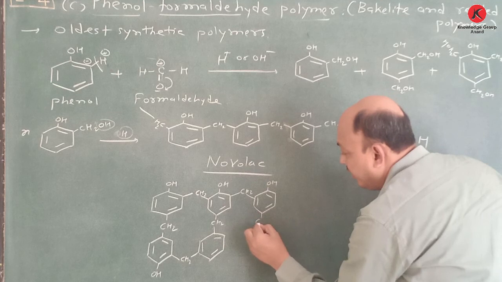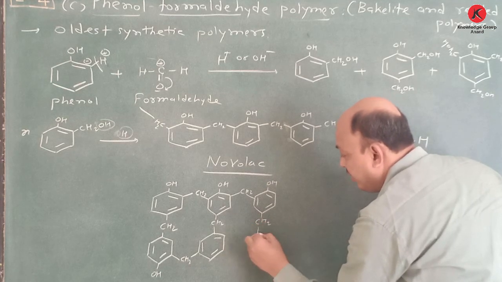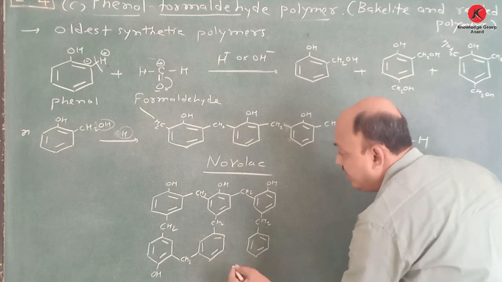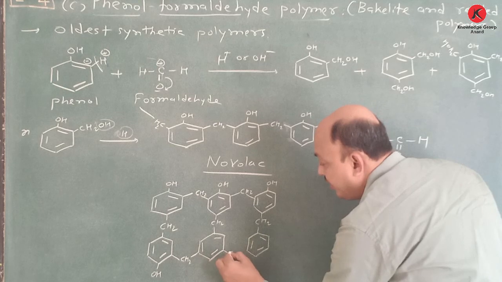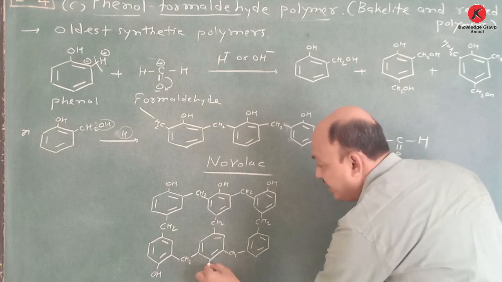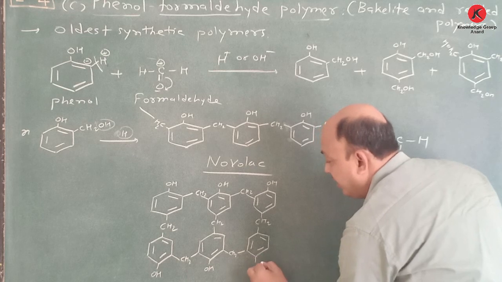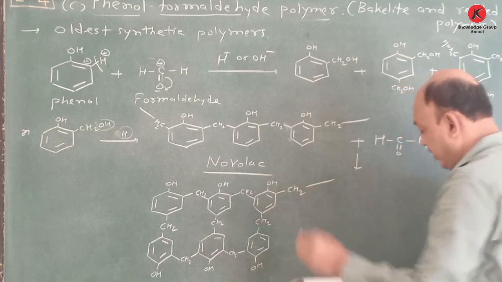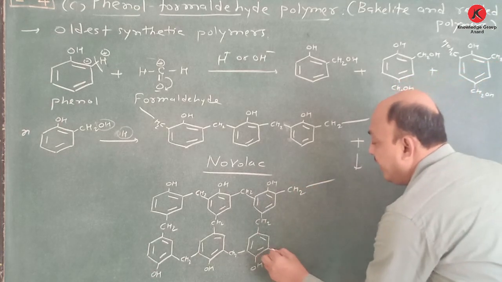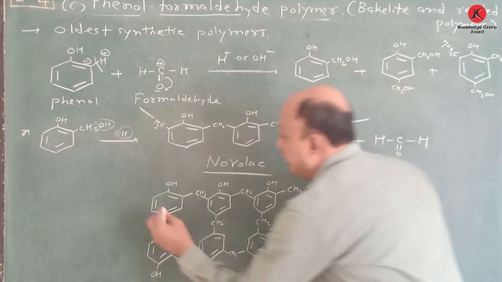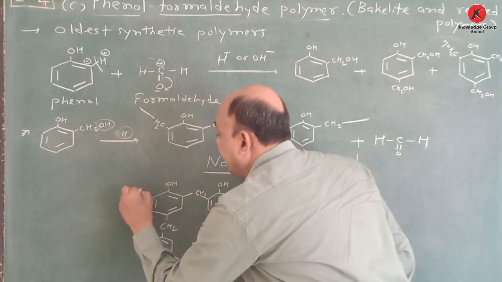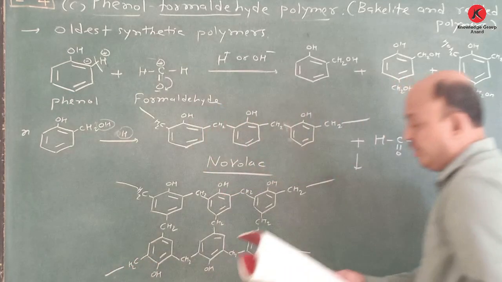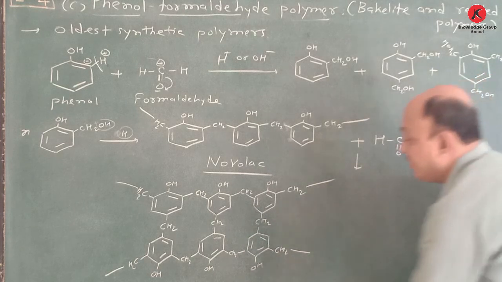Now here CH2. Practice of this particular structure is required. You have to draw this structure many times. As you see, here CH2, and here CH2, here OH, here OH. Once again here CH2, and it goes on and on. Once again CH2, once again CH2. So this is nothing but bakelite.